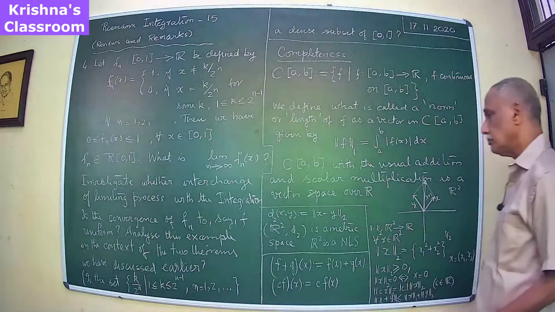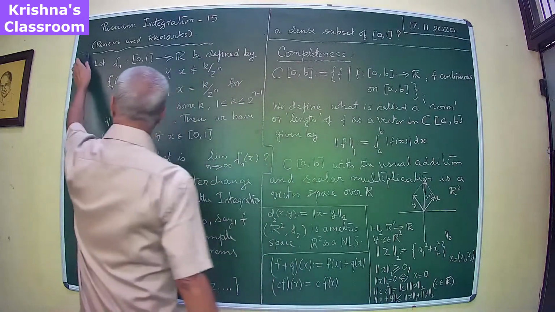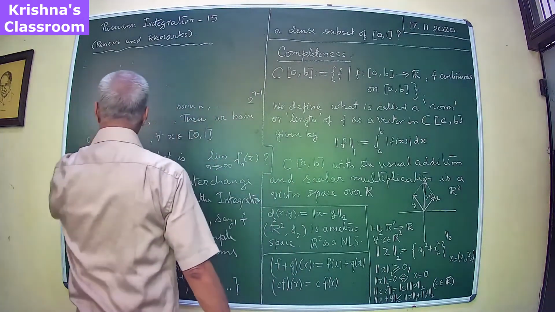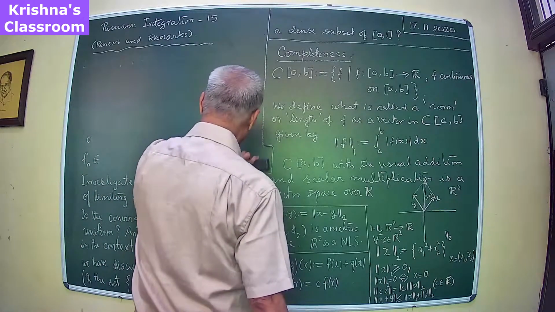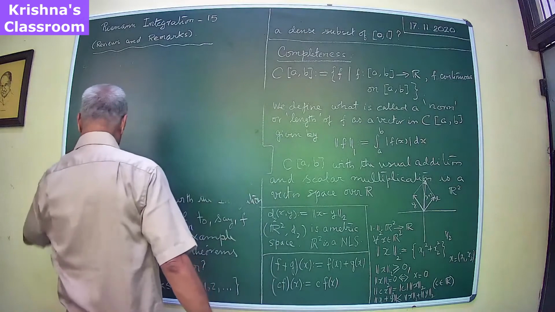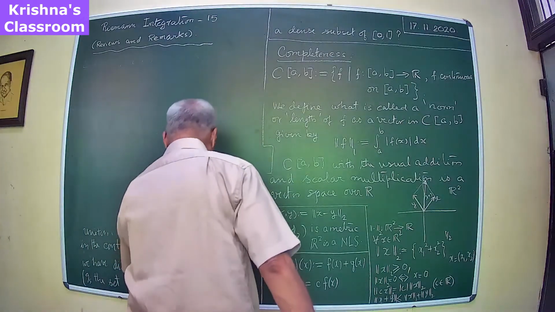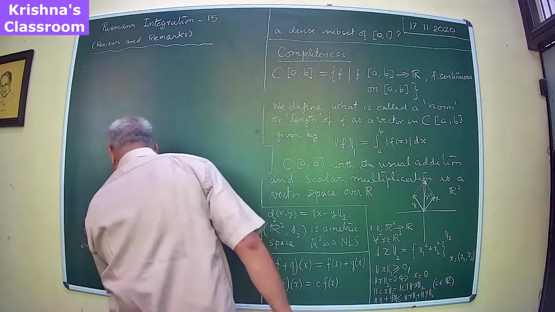Now we can introduce a norm. In fact, on this space we introduce two different norms. Primarily in this talk we will be concentrating on C[a,b] and we will not go to R[a,b].